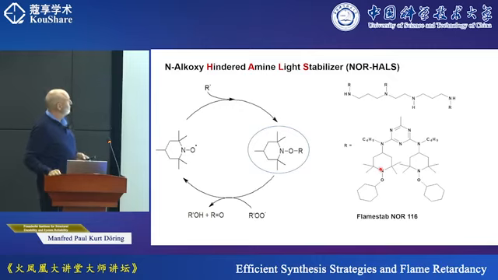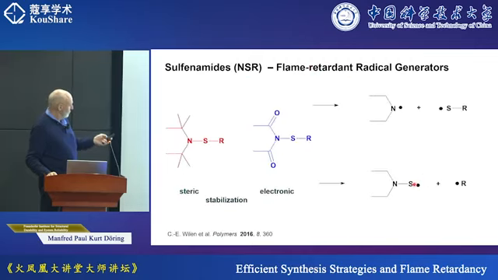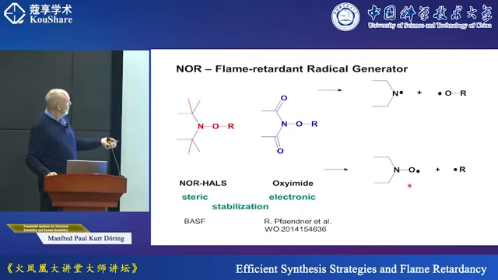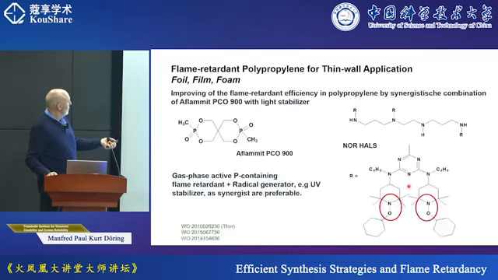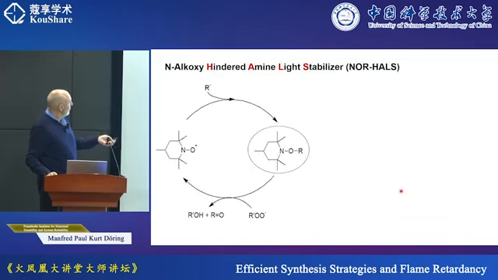Here is shown what is going on. This molecule, as I said, can form radicals. We can form some radicals over here pretty easily. And these radicals are pretty active to catch, as I said, reactive radicals like H or OH radicals coming from UV.